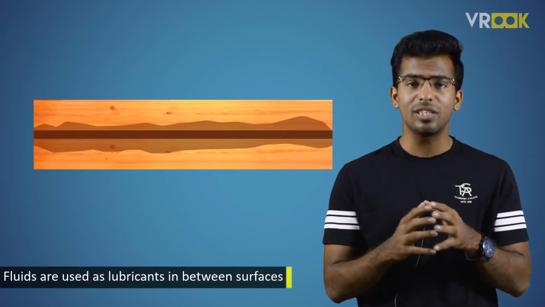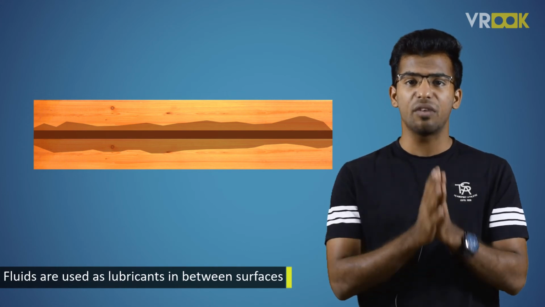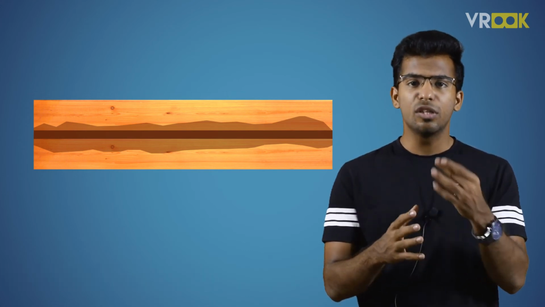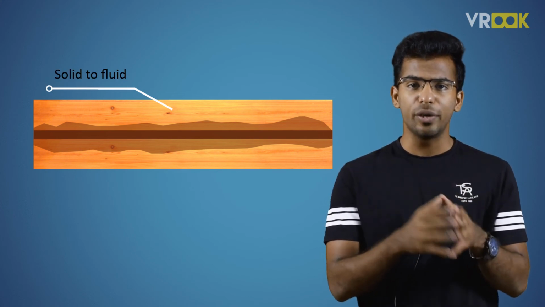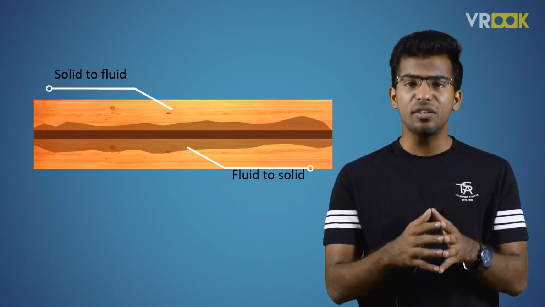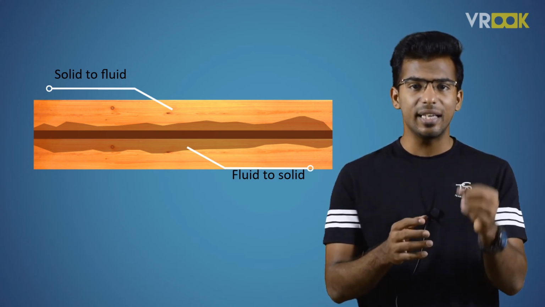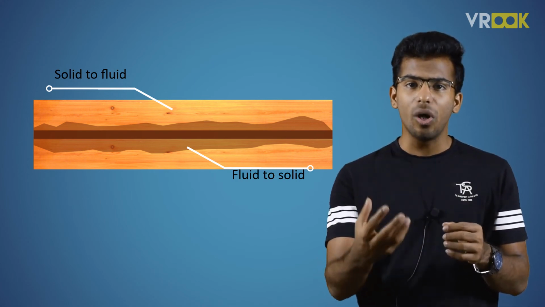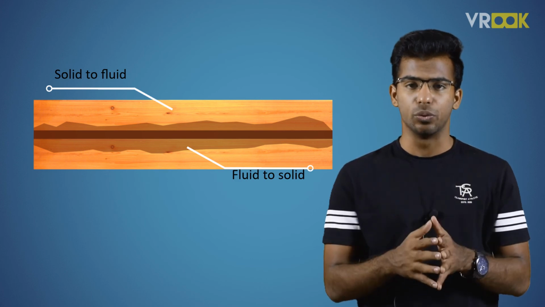For this reason, some fluids are used as lubricants in between surfaces of sliding or rotating objects. The contact surfaces then become two sets of surfaces: solid to fluid contact and fluid to solid contact. Because the fluid friction is less in each set, the overall sliding friction gets reduced.